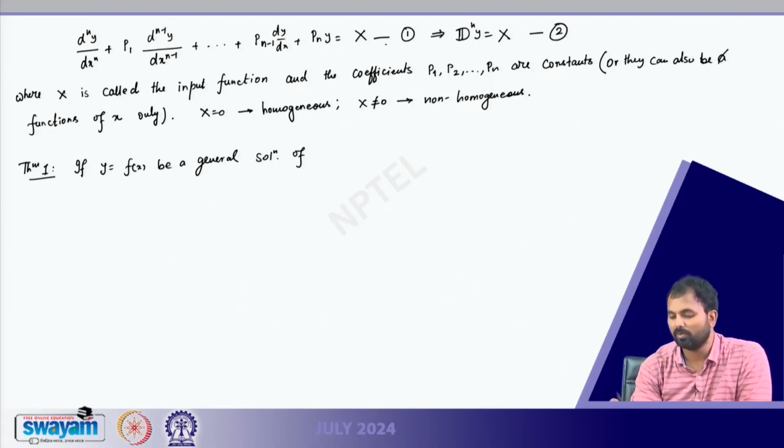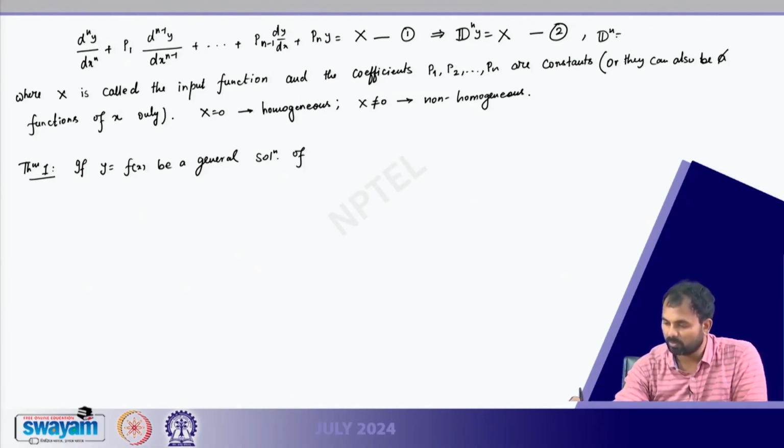So, this is the notation I am using for the left hand side, where D^n is d^n/dx^n plus p1 d^(n-1)/dx^(n-1), dotted up to p(n-1) d/dx plus pn, and that is basically our capital D^n. When you operate on y, the y will be distributed to all the derivatives, right. That is a small notation that I am using just to avoid writing, so this is my D^n.